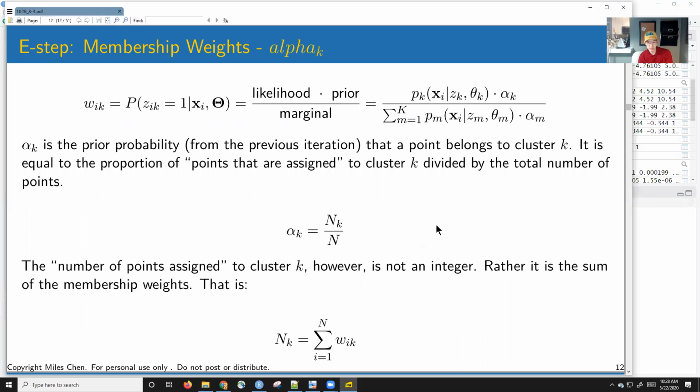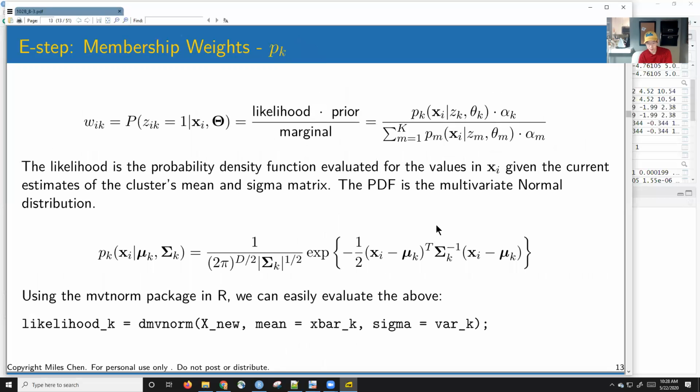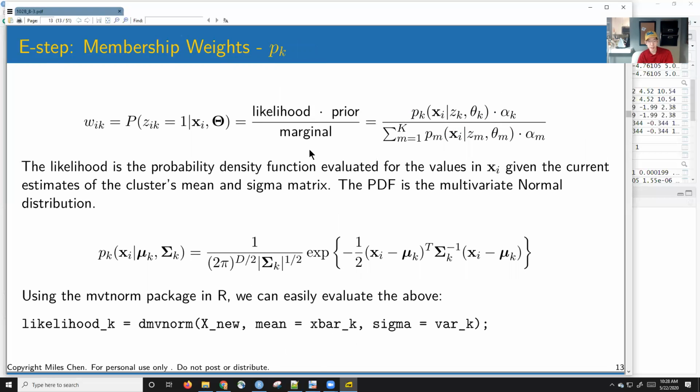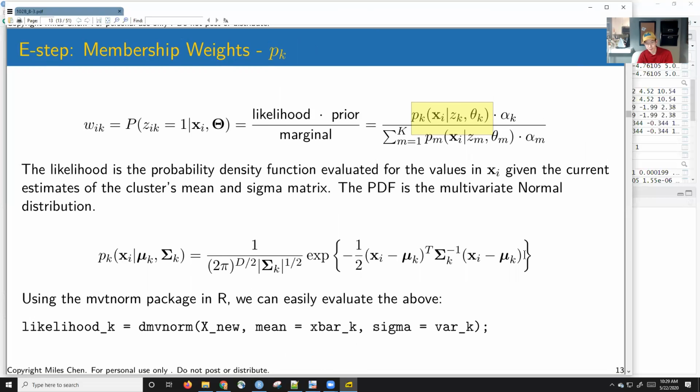So that is the membership weights. I'm sorry, that's the alpha part here. And then the p sub k, again, is just coming from the multivariate normal density. This is just the PDF of the multivariate normal distribution, the full PDF. We don't actually have to use this.